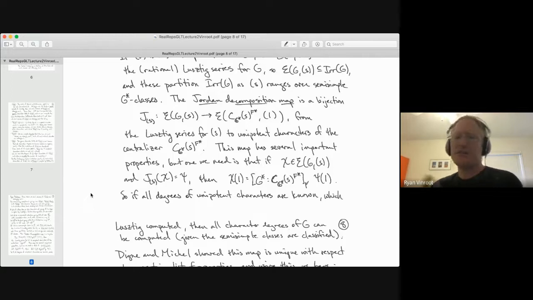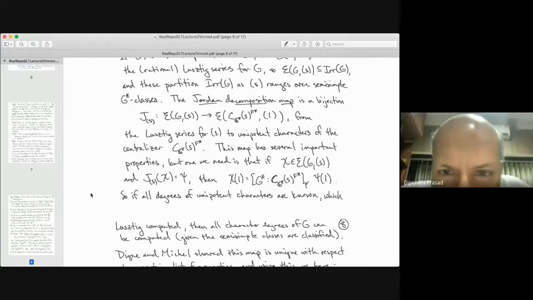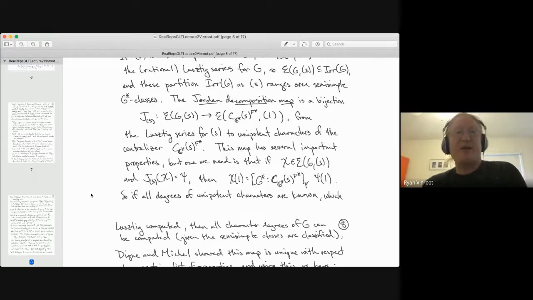In type A, we have this extremely tight control over the character degree by understanding just the symmetric group. But this isn't so tight in the other cases, and it's something I don't understand. At least for classical groups, we will get into that, but in fact, the combinatorial control is not so clear.